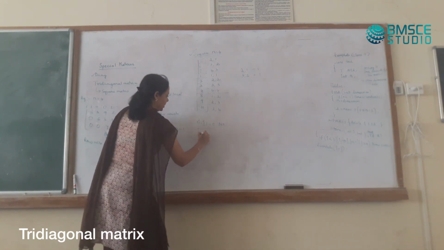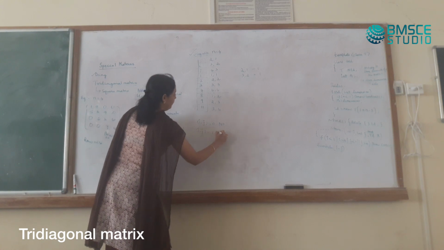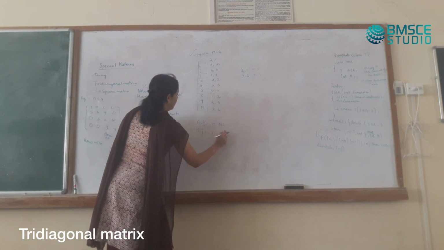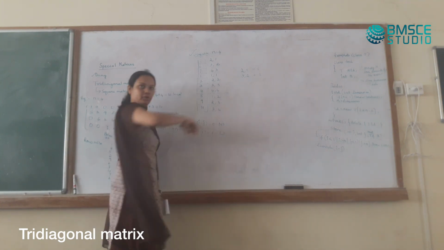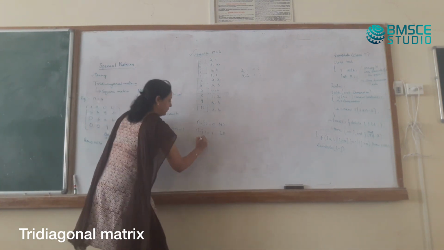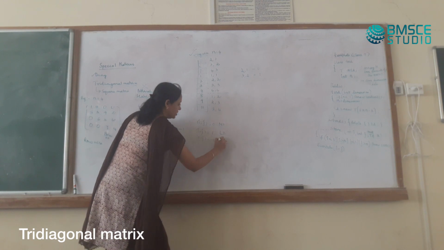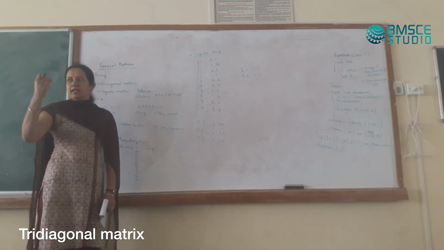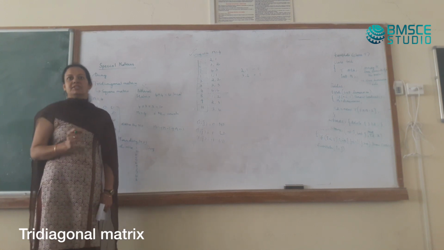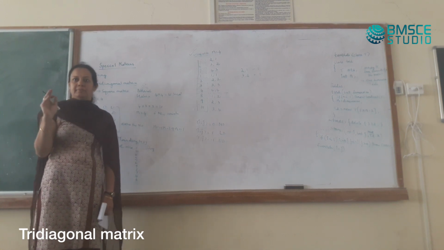I minus j equal to 1 for lower diagonal, right? Below the main diagonal. And I minus j equal to minus 1 for upper diagonal. Accordingly, we have 3 mapping functions that will work for any dimension. Okay?